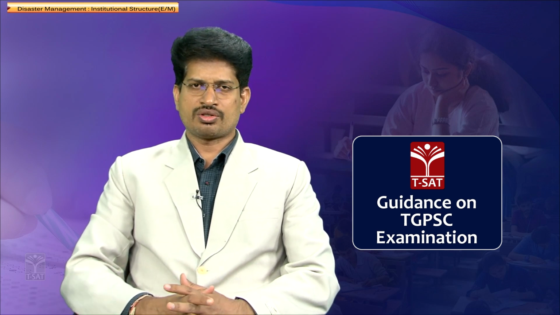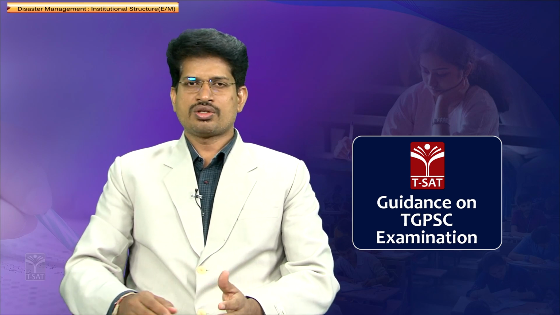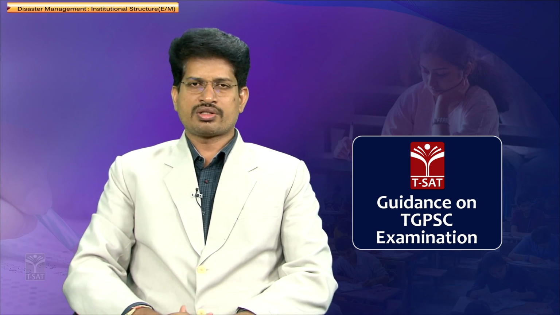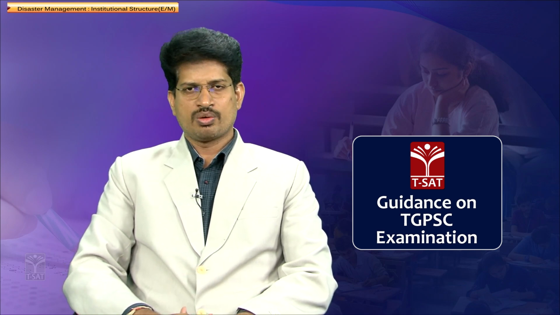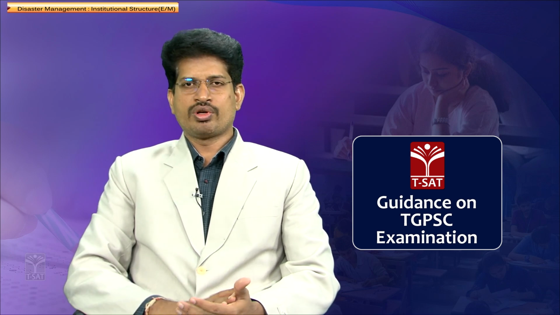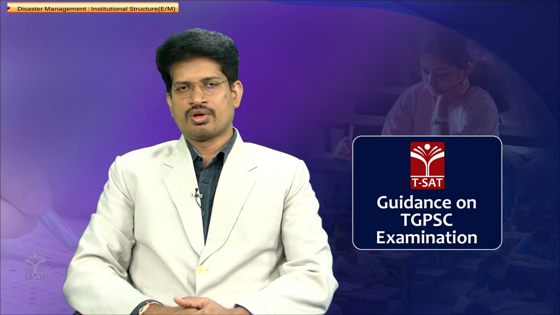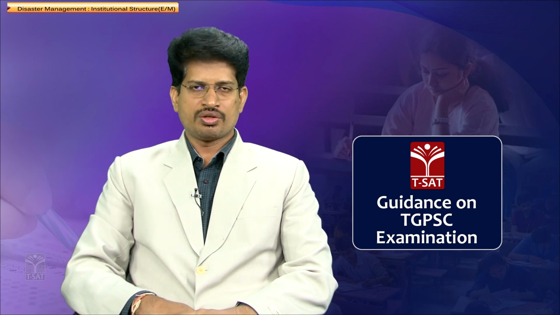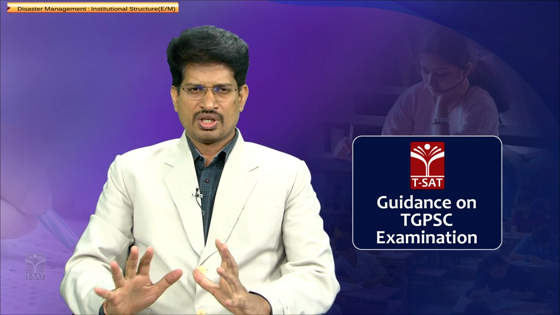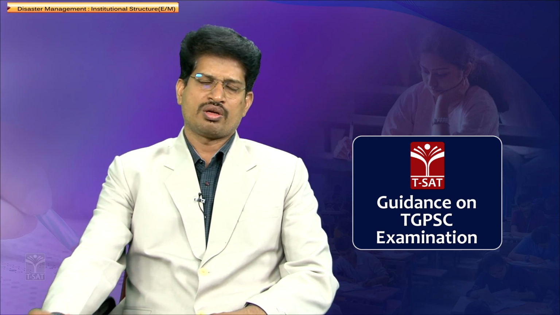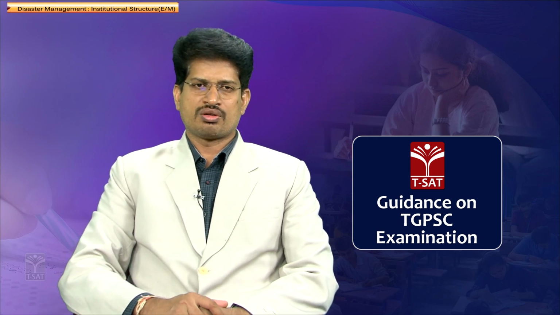In the case of a cyclone, making the people evacuate from a region to escape from the cyclone is a mitigative measure. By evacuating the people, you can prevent the loss of life. By vaccinating, you can prevent the loss of life, providing immunity to the people. So these are some of the aspects of disaster management to reduce the impact of disasters.